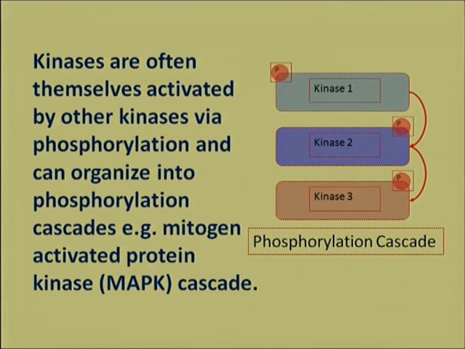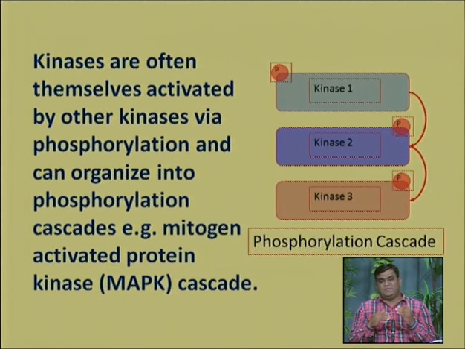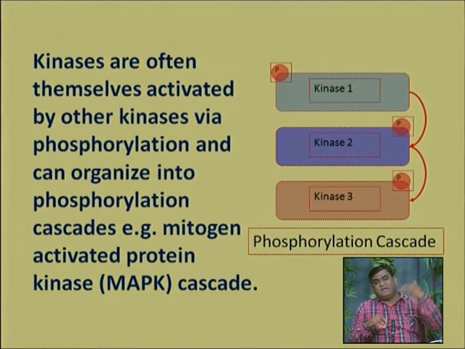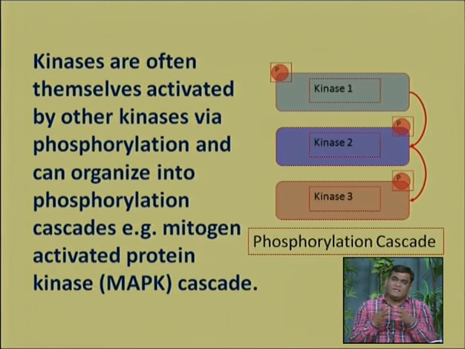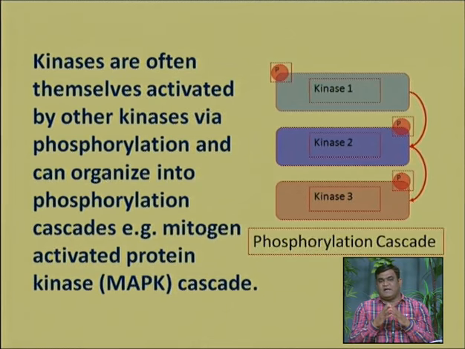So kinase 1 will activate its substrate, that is kinase 2, by phosphorylation. The moment it is phosphorylated, it will act on the third one, which is again a kind of kinase, and it becomes active on phosphorylation and it will now work on its substrate. One of the very important phosphorylation cascades of this kind is the MAPK, that is the mitogen activated protein kinase cascade.